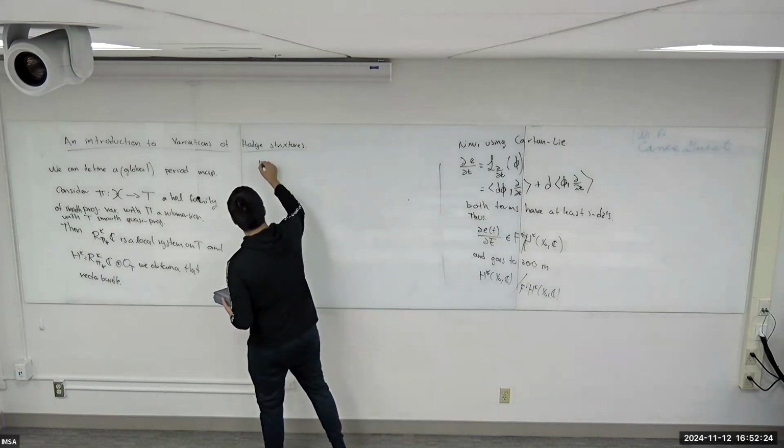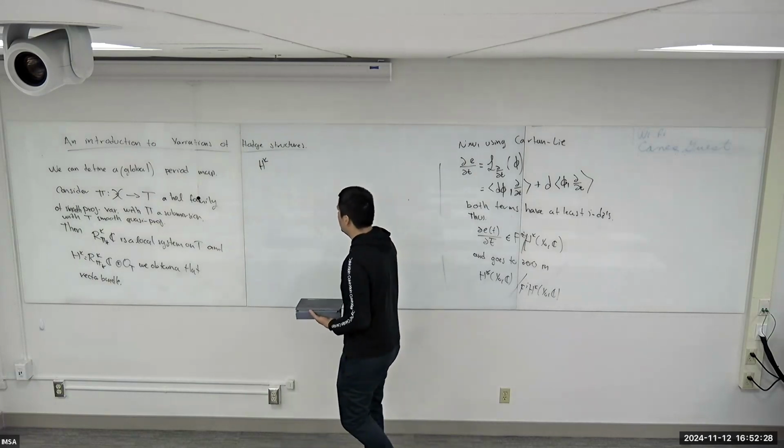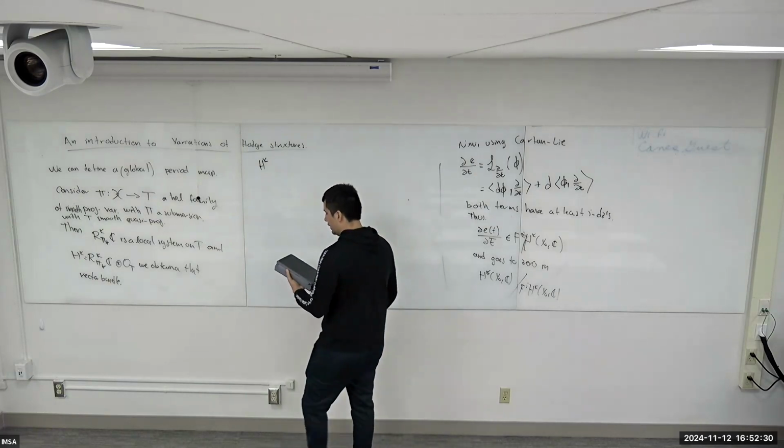And so this flat vector bundle will give a representation of the fundamental group.